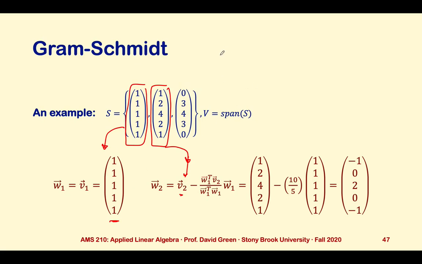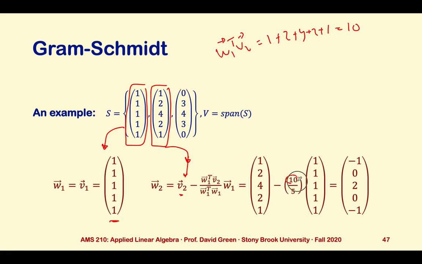What's the dot product of W1 and V2? We get it by multiplying corresponding entries and adding them up. 1 plus 1 plus 1 times 2 plus 1 times 4 plus 1 times 2 plus 1 times 1 is 10.